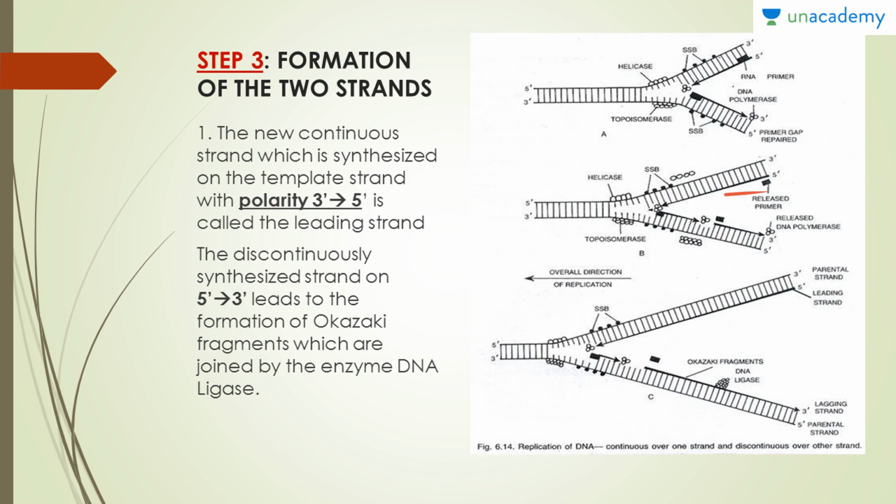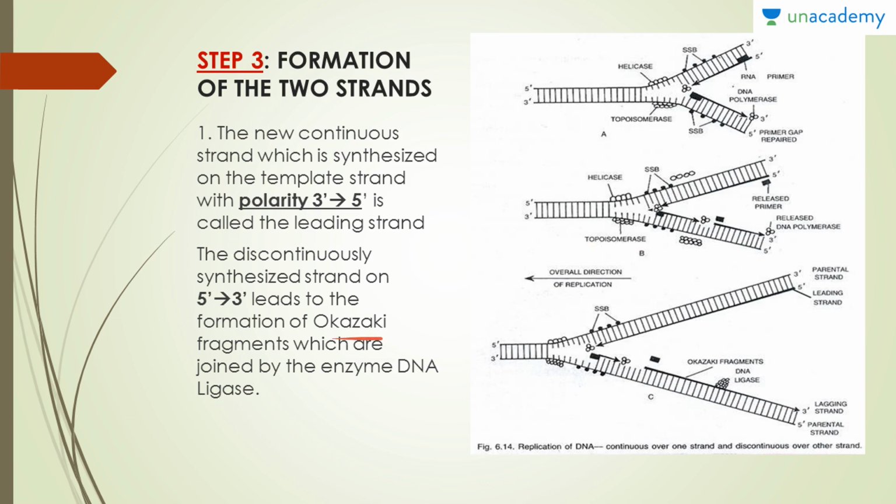In this strand there is a continuously open stretch through which nucleotides can easily join in and form a newly synthesized strand. But on the other strand, there is only one short stretch available at a moment. So multiple RNA primers have to be synthesized for polymerization to take place. Hence, this leads to discontinuous synthesis, leading to the formation of fragments. These fragments, formed on the strand with polarity 5' to 3', are called Okazaki fragments.